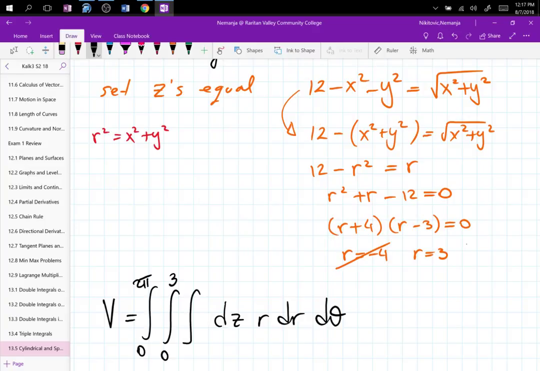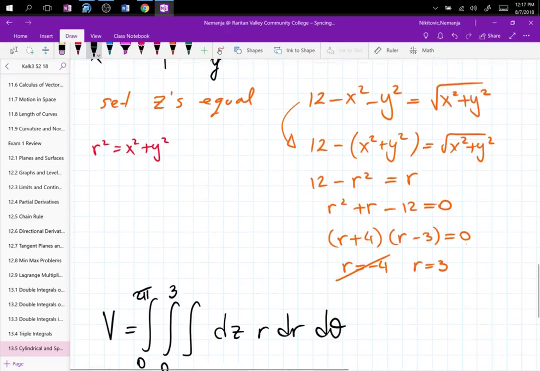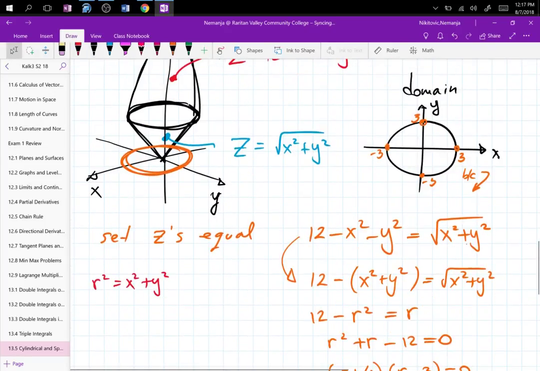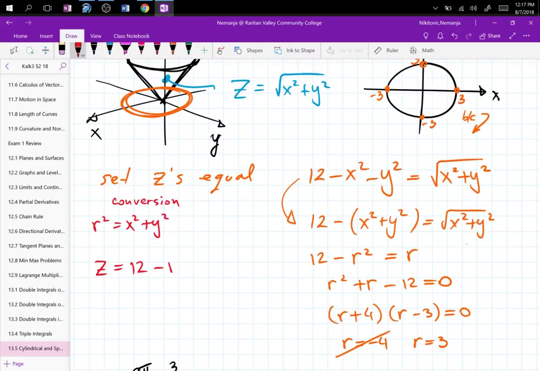And now our z's. The z's need to be converted into polar. So we have the conversion now. The red z, we already know it's 12 minus r squared, and the blue z is just r.